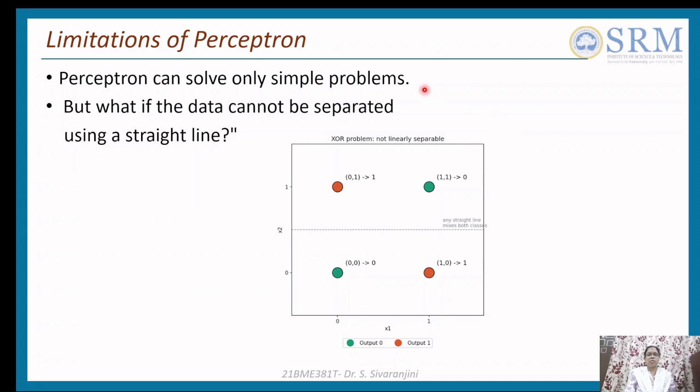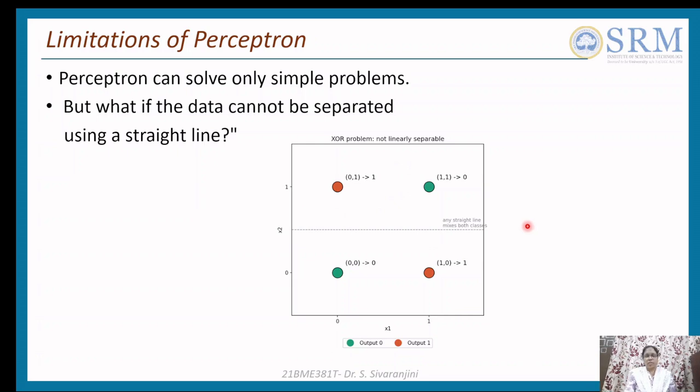Visualizing an XOR problem as a graph, if we plot the values of an XOR gate, the data cannot be separated by a straight line, because these two data points belong to class 1 and these two data points belong to class 0. So we cannot separate them using a single hyperplane.